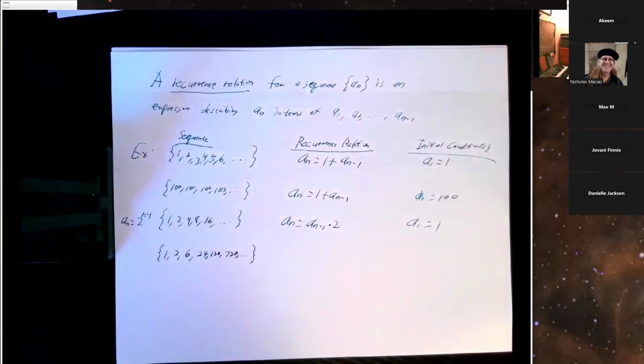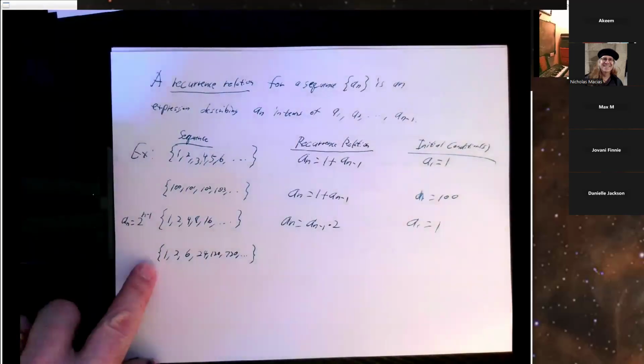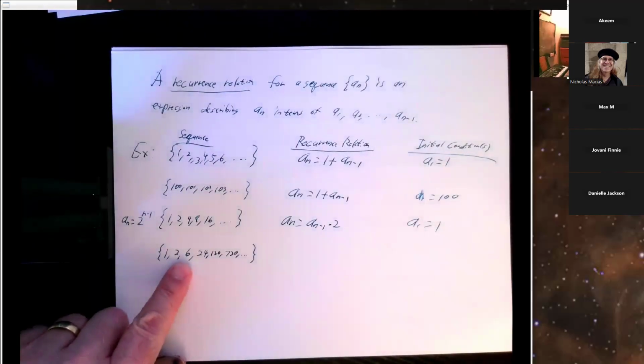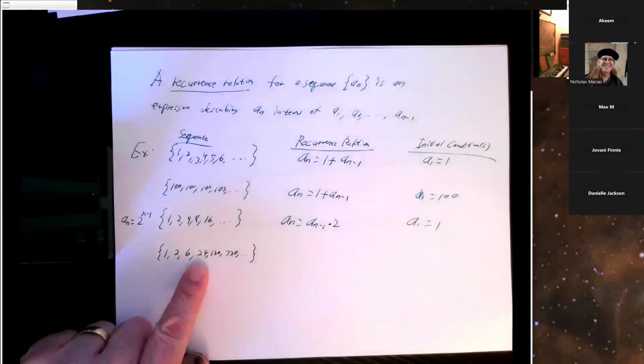Anybody recognize these numbers? 1, 2, 6, 24, 120, 720. So you're familiar with factorials? This is just 1, this is 1 times 2, this is 1 times 2 times 3, this is 1 times 2 times 3 times 4, and so on.